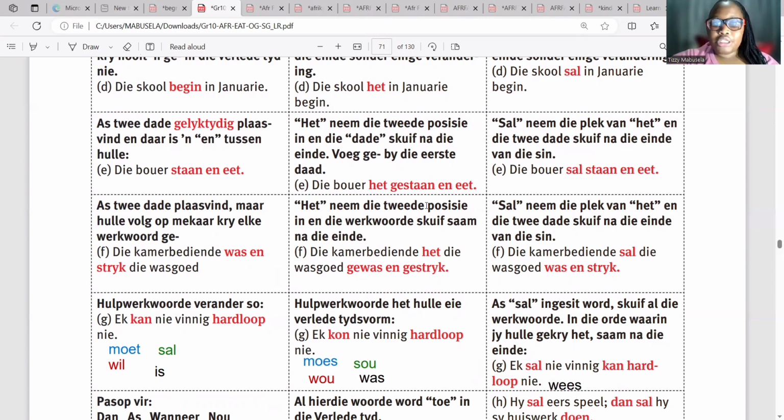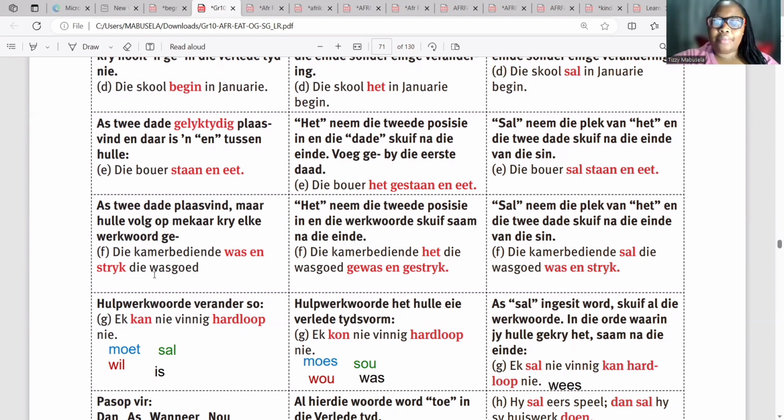So it's very important actually in the past tense for you to understand when do you add ge with both words. Because here with our next rule, if two actions are next to each other, but they're not occurring at the same time. They're occurring at different stages. For instance, here, die kamerbediende was en stryk die wasgoed. So the house helper washed the clothes, and then after washing, she ironed the clothes.